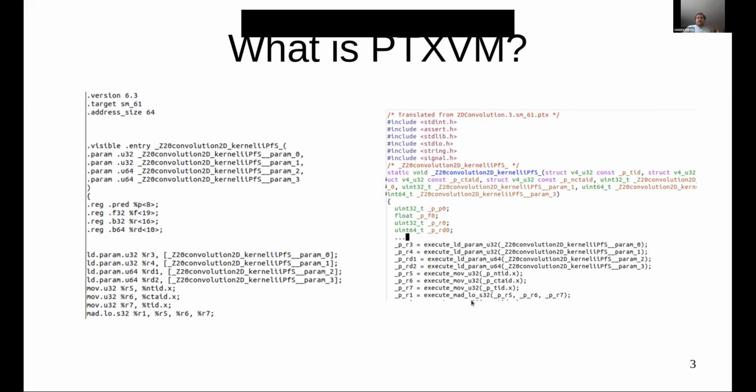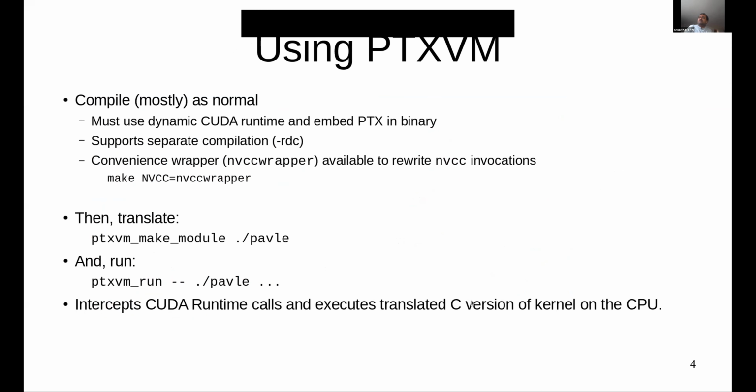So how do you use PTX VM? The first thing you do is you will mostly compile your CUDA programs as normal, except that you must use the dynamic CUDA runtime and not the static CUDA runtime. And you must also embed the PTX files in the binary. This can be done easily.